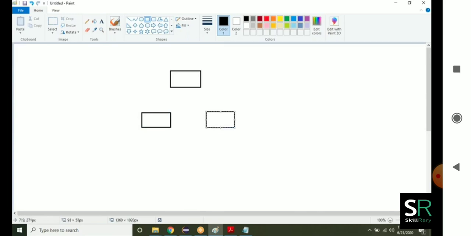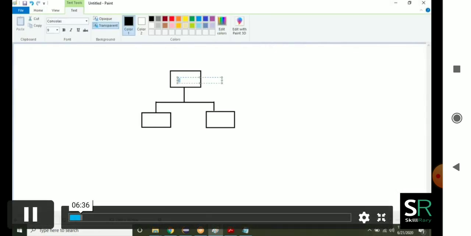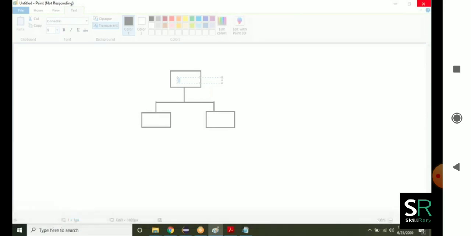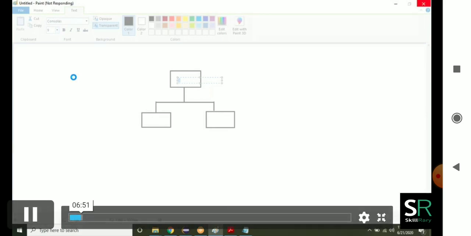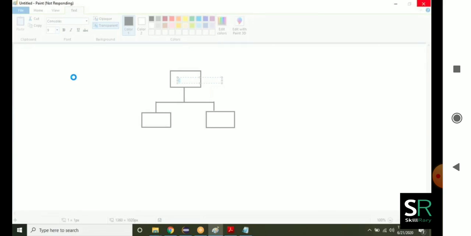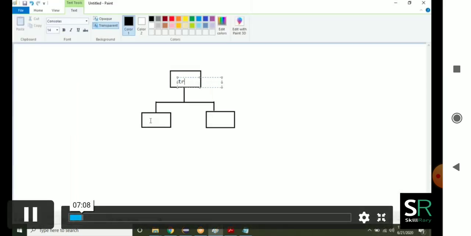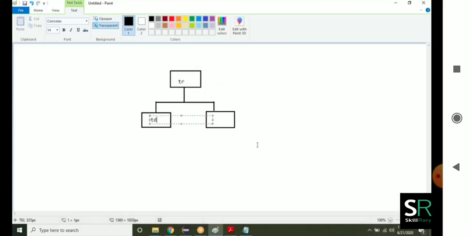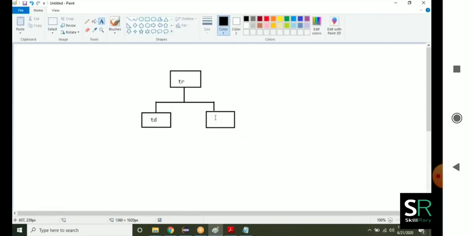TR, and this one is TD. This is also TD.